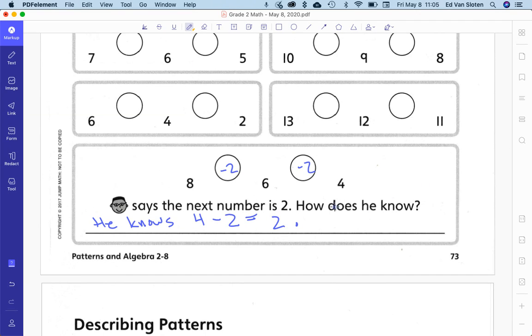I mean, that's what he really knows, because the next is going to be minus 2 and 2. And then you could actually draw an arrow that says, take a look at this. On EQAO, I always tell the kids, draw arrows. The people who mark the math questions love arrows.